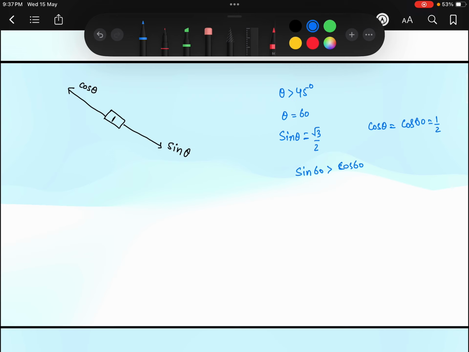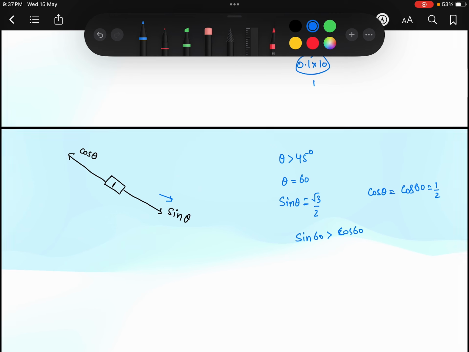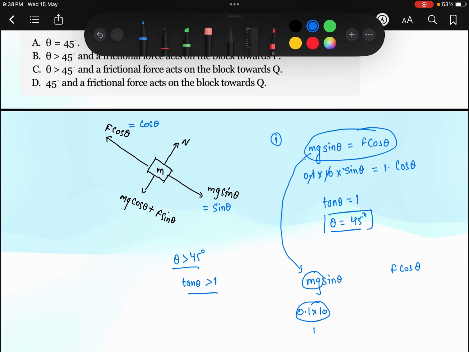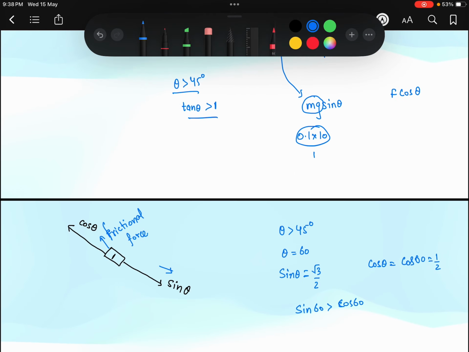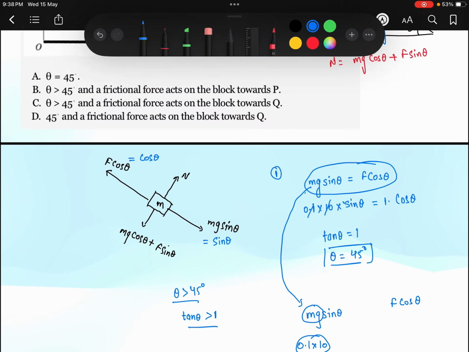That means the downward force is greater than the upward force, so the block has a tendency to move in the downward direction. So in this case, friction will be acting on the block in the upward direction. This will be the direction of the friction force if theta is greater than 45 degrees. Here the upper point is Q and the lower point is P. If theta is greater than 45 degrees, then there will be frictional force acting in the direction towards Q.